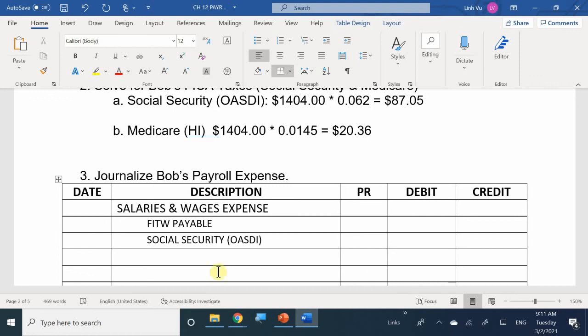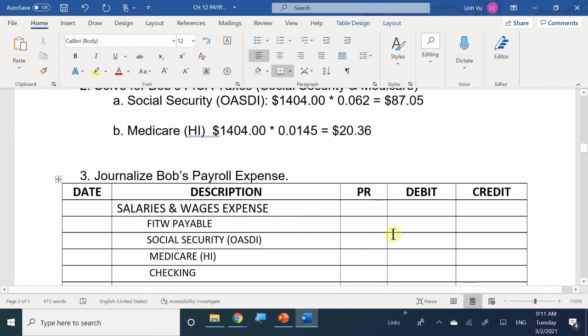And what else? Medicare, also known as HI. Whichever one makes it easier for you to remember. Most cases they use Social Security and Medicare. And then lastly, what's the last thing I have to do? Checking. I have to write him a check. I have to pay the guy.